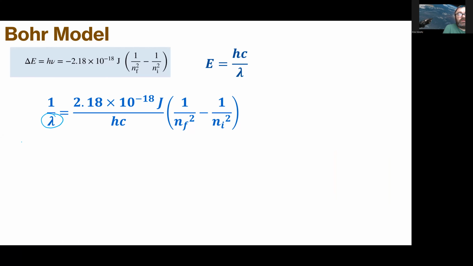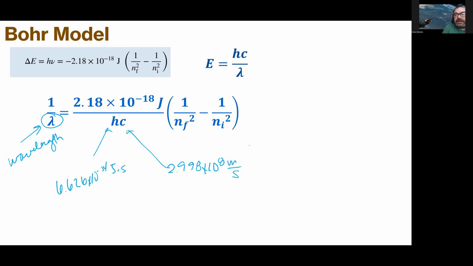Remember, lambda is our wavelength. H is Planck's constant, so that's 6.626 times 10 to the minus 34th joule-seconds. C is our speed of light, which we're going to use as 2.998 times 10 to the 8th meters per second.